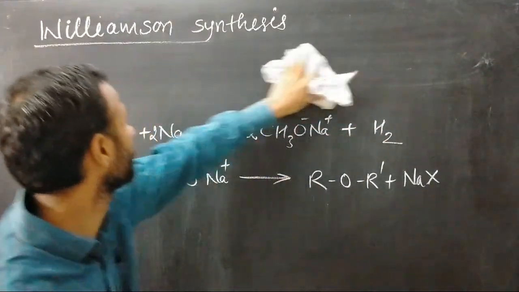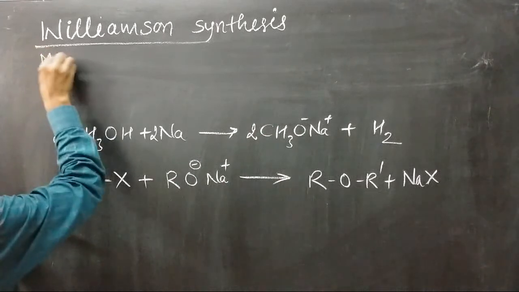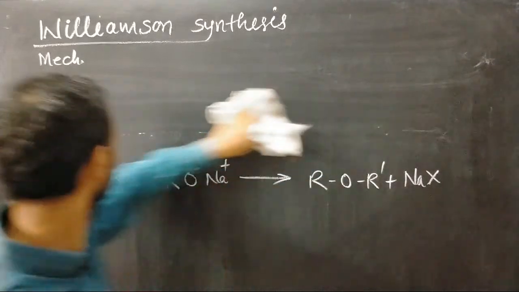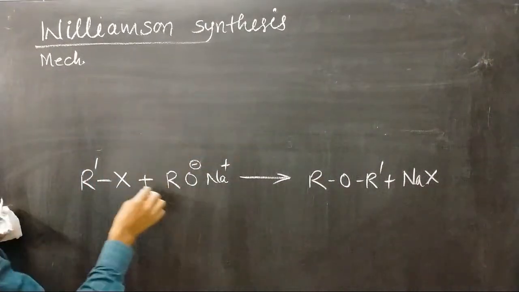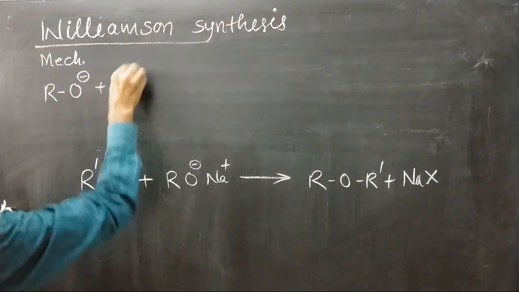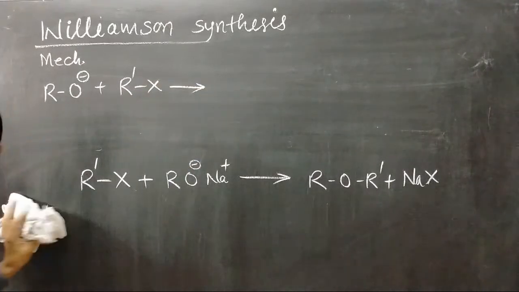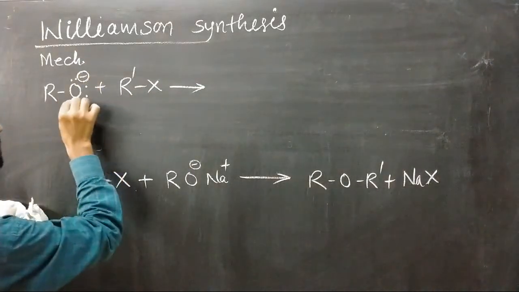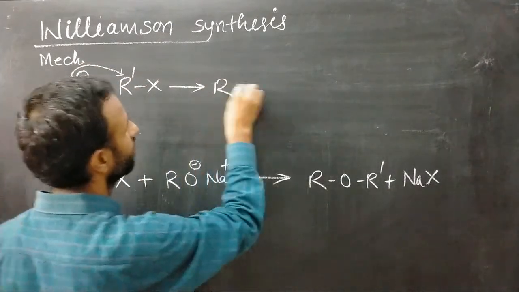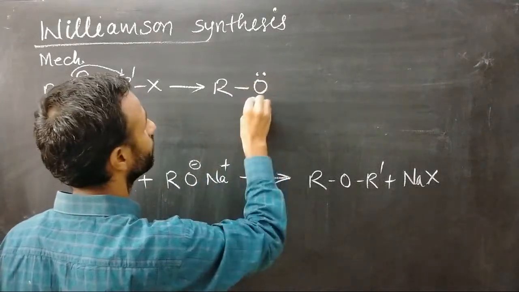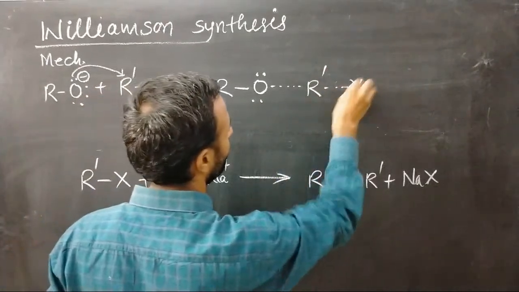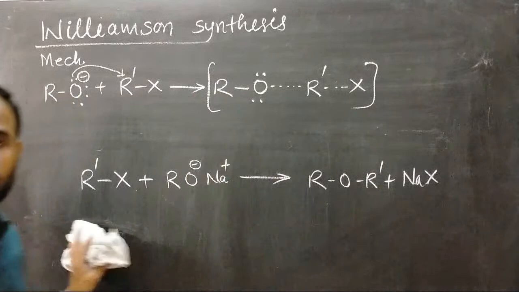And the mechanism is very simple. If this is the reaction, we have RO⁻ and R'-X. First of all, this alkoxide ion will attack on R', so we get R-O-R'-X.